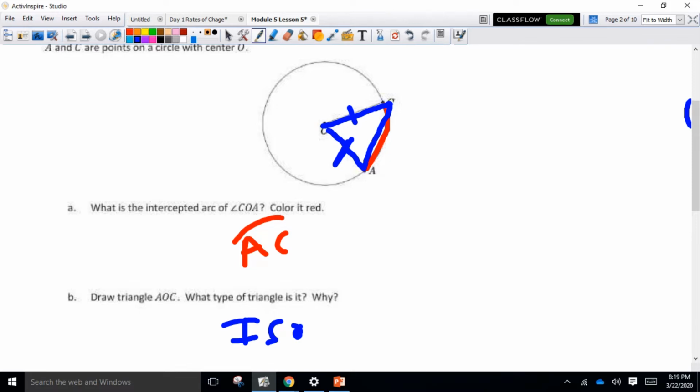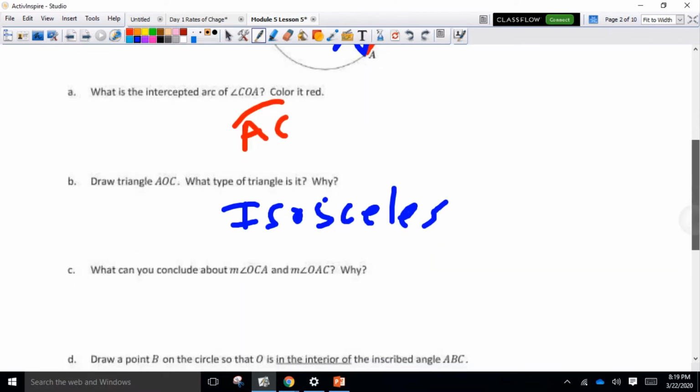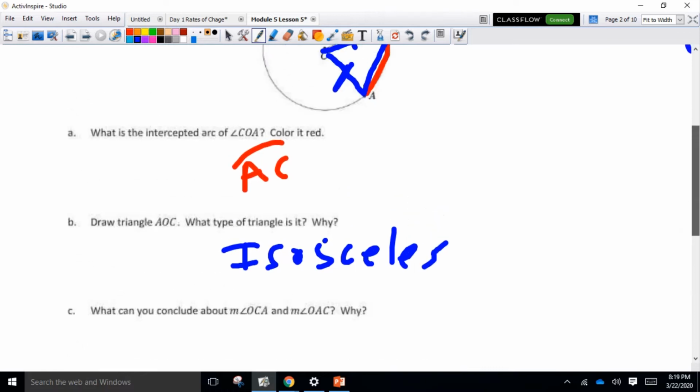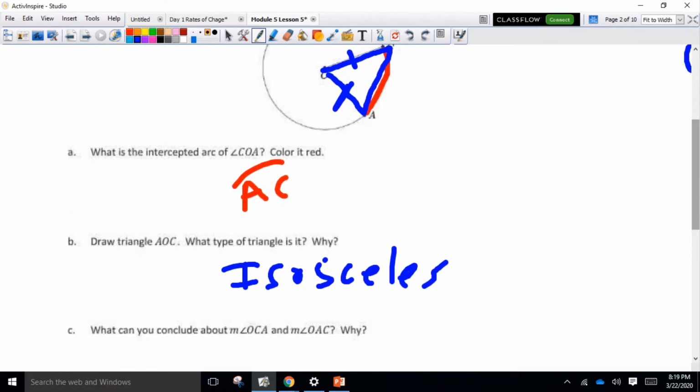Make sure I spell this right here. Okay, the radii are the same. We don't know about that line AC, so we can't say it's equilateral, but we definitely know two sides are the same. Okay, so what can we say about angles OCA and OAC?